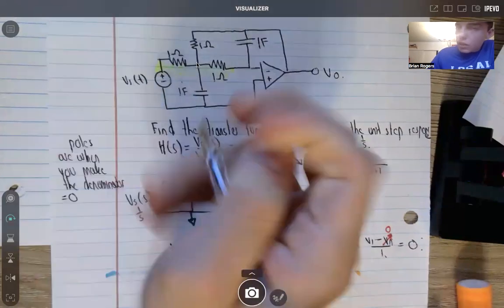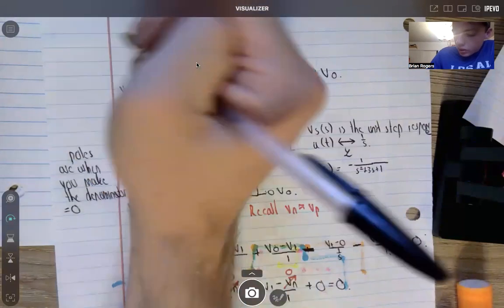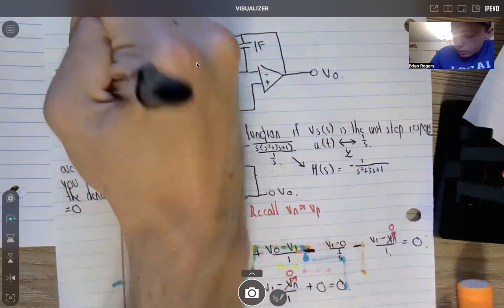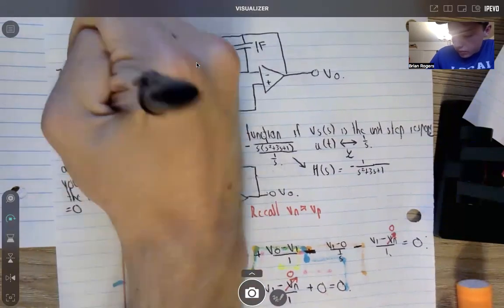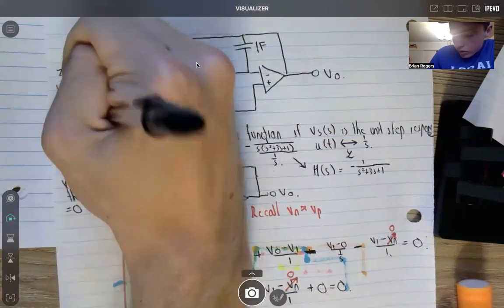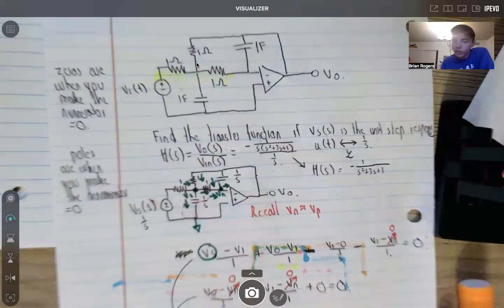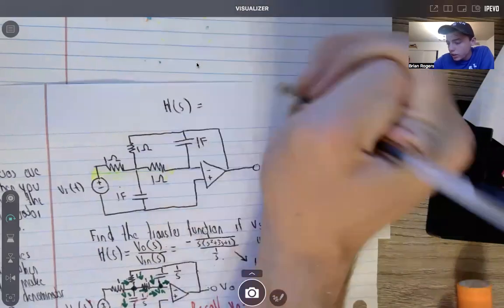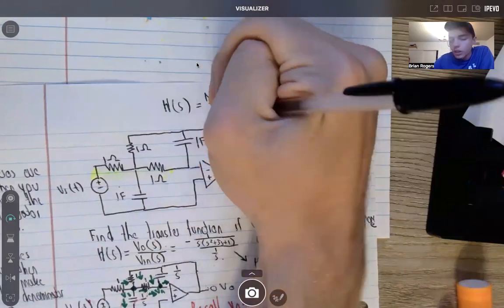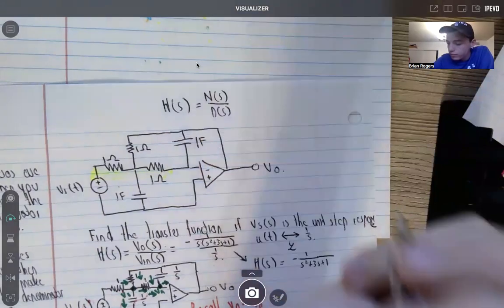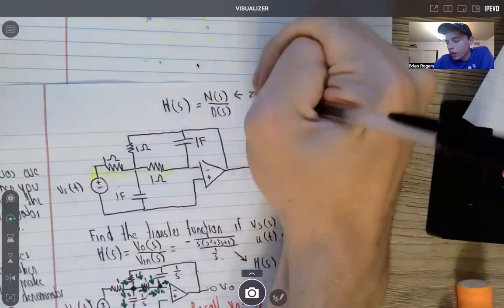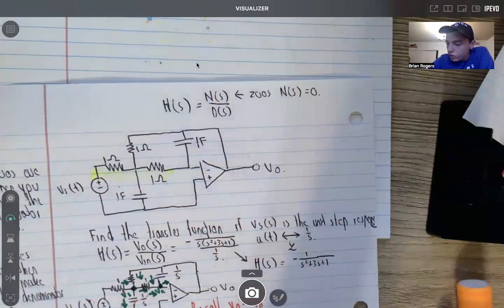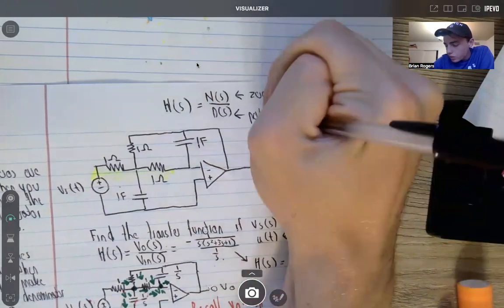And then zeros are when you make the numerator equal 0. That's because when you have your H of S transfer function, it's usually equal to your numerator, N of S, all over D of S, your denominator. And so these are your zeros when N of S is equal to 0, whatever value of S makes that numerator equal 0. And then your poles are when your denominator is equal to 0.